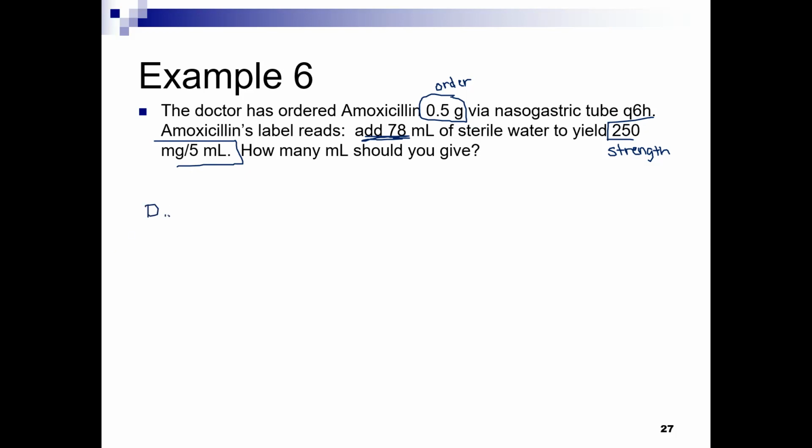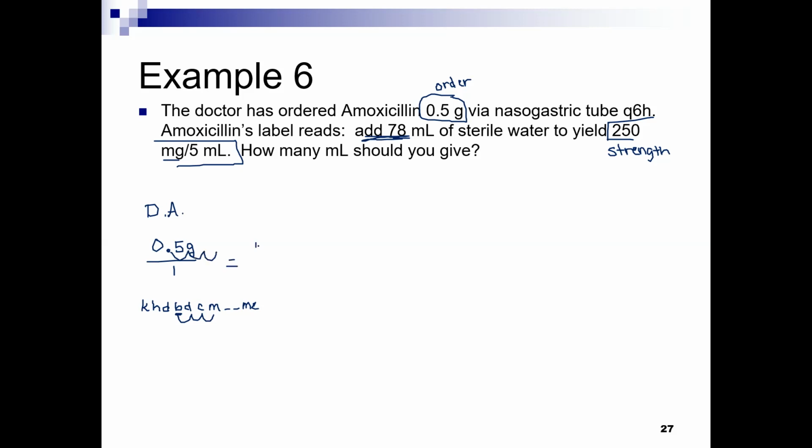I'm going to use the dimensional analysis strategy, which always starts with the order, 0.5 grams. Place it over 1 to have it as a fraction. When I look at the strength that I've identified, I see that the strength includes milligrams, so that's not going to cancel. One strategy is to use King Henry, and he died by drinking chocolate milk full of microorganisms. Gram is the base unit, and I want to get it to milligrams, so I'll move my decimal 3 places.